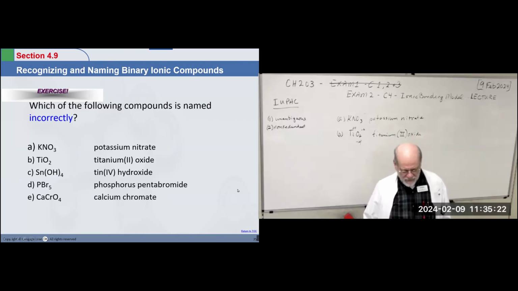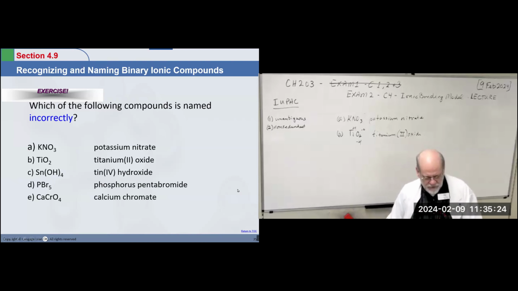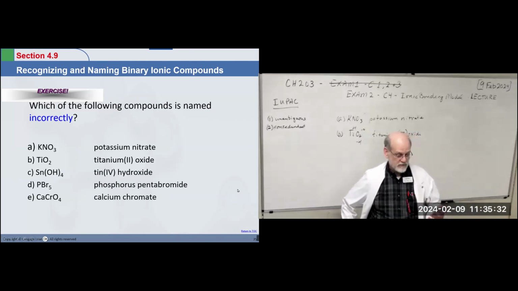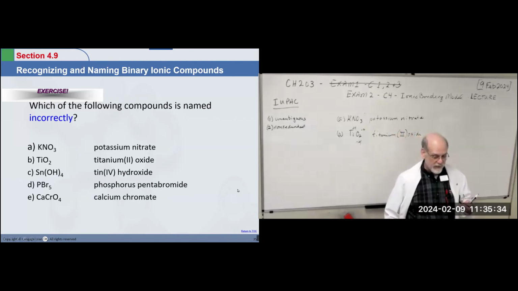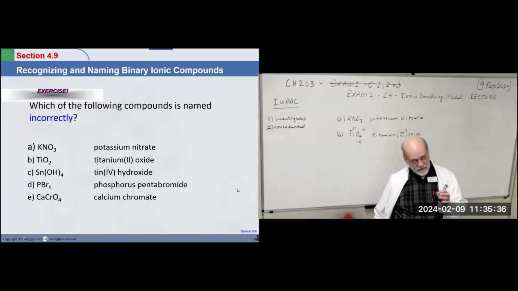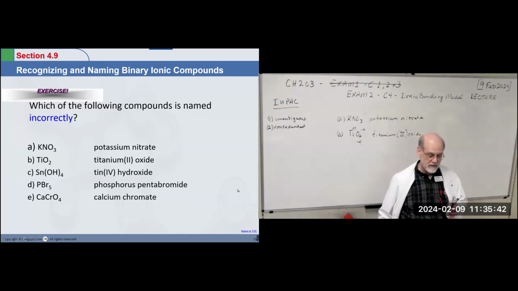Okay, rather than write the rest of them up there, we'll say, all right, where does tin come from? Well, tin's over there just above lead. And it also has multiple possible charges. So it's a type 2 compound, and we have to calculate. OH minus is hydroxyl ion, and there are 4 of them, so that's 4 minuses.